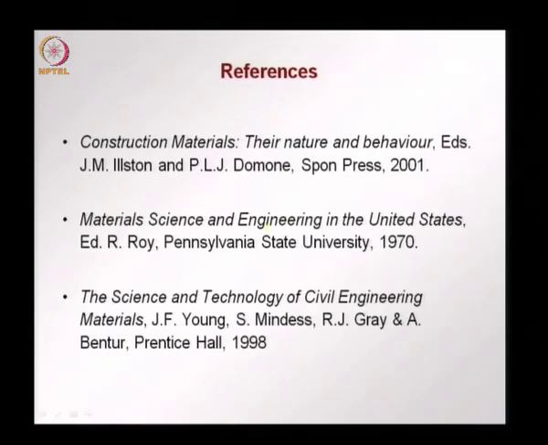So, to summarize, in the two parts of this lecture on introduction to modern construction materials, we have looked at the different levels of information that we have to study for understanding materials, the micro scale, the meso or the material scale, and the engineering scale. What are the aspects that are important, what we focus on in each of these scales.